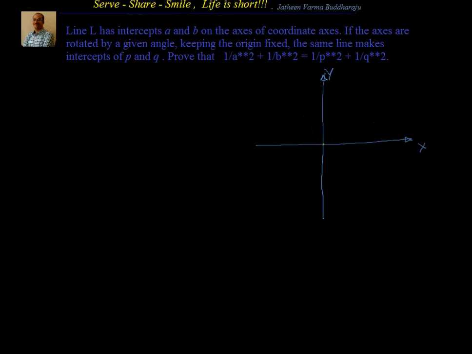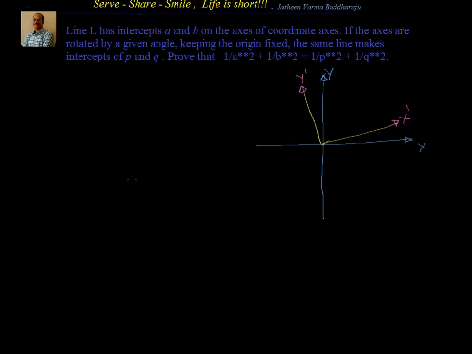Let me just take a small angle. Let us say that way. We have to make a 90 degrees angle. Okay, let us say that's 90 degrees. Now this is our new coordinate axis. This is x dash and that is y dash.